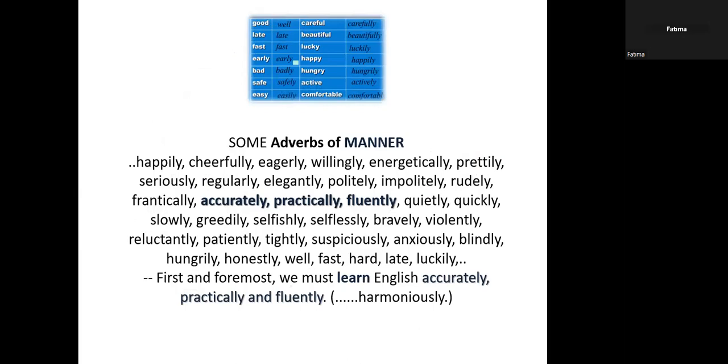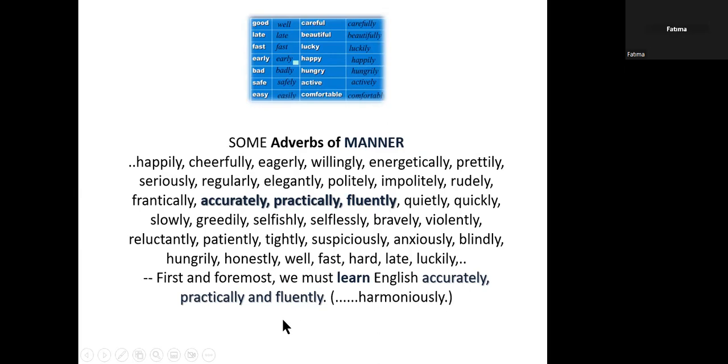Yes, here is a list of adverbs of manner that define the verb of the sentence. Happily, cheerfully, eagerly, willingly, practically, fluently, anxiously, blindly, hungrily, honestly. For example, first and foremost, we must learn English accurately.